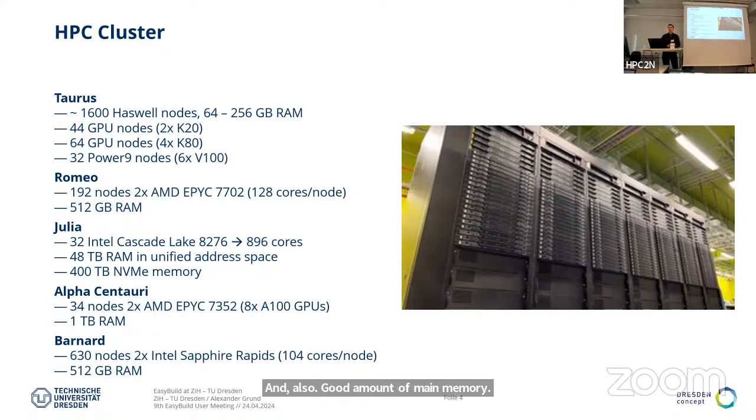There's one new GPU cluster, which is currently being ordered. I don't have the details yet, but there's one coming, which will be the next one after the Alpha partition, or Alpha Centauri for the full name. We just call it Alpha.